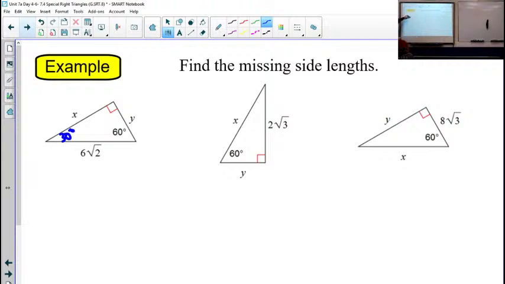So across from that 30 should be my short leg. Across from the 60 should be my long leg. So that's S square root of 3. Long leg is S square root of 3. That's my pattern: take my short leg and multiply by square root of 3. And then my pattern for the hypotenuse, across from the right angle, is to double it.